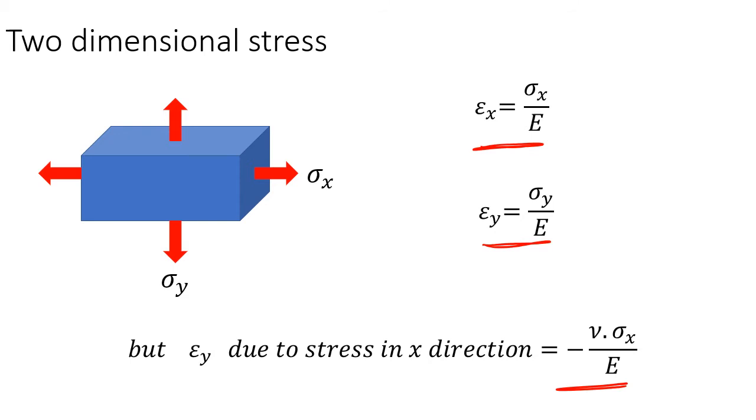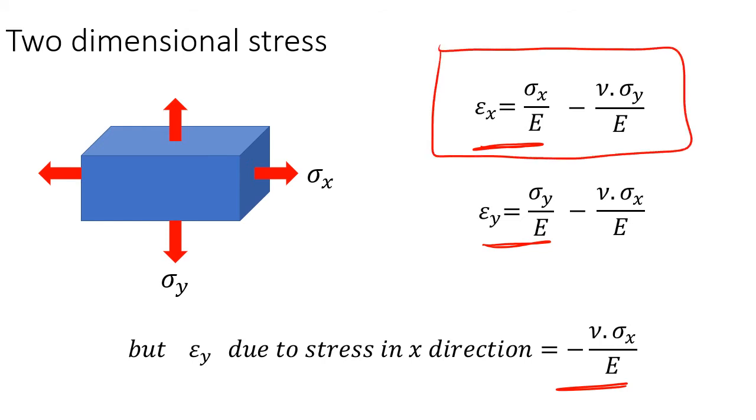So for each one of those directions, we can include that in the equation for the strain in that particular direction. So let's look at the x direction. Then we've got the strain due to the load in the x direction minus any strain caused by a load in the y direction as well.